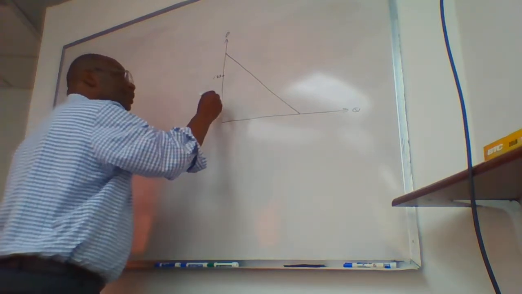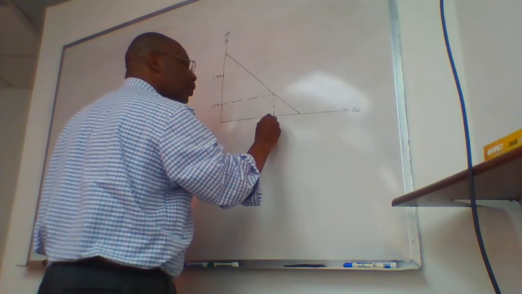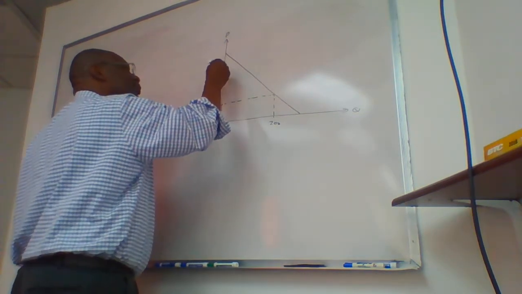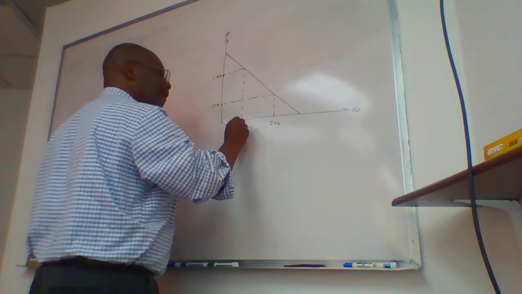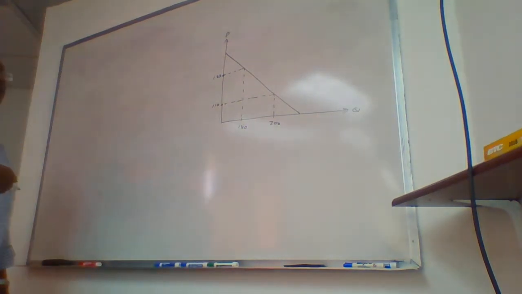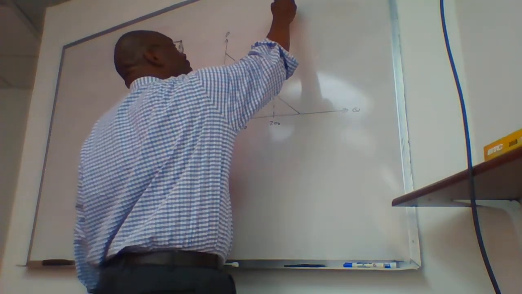At 110, how many pairs of shoes were being sold? 200. And at 125, how many pairs of shoes were being sold? 180. So does that look like an accurate depiction of our problem? Right.